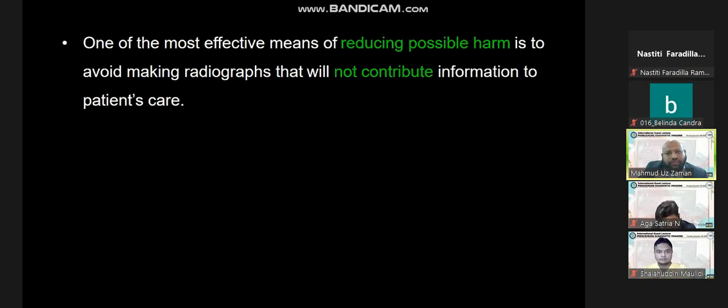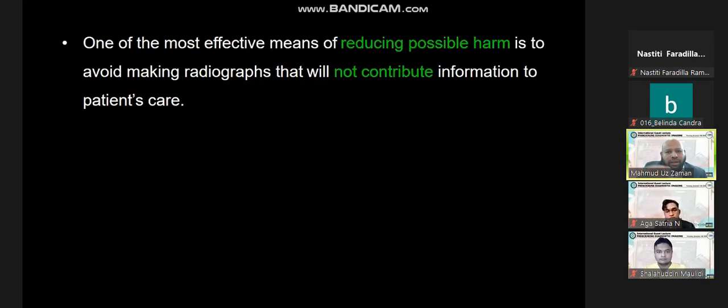So it is always recommended to expose the patient to as little radiation as you can. Suppose you have taken one periapical radiograph and you want to see only the carious lesion, but there is a cone cut, or the vertical or horizontal angulation was not proper.